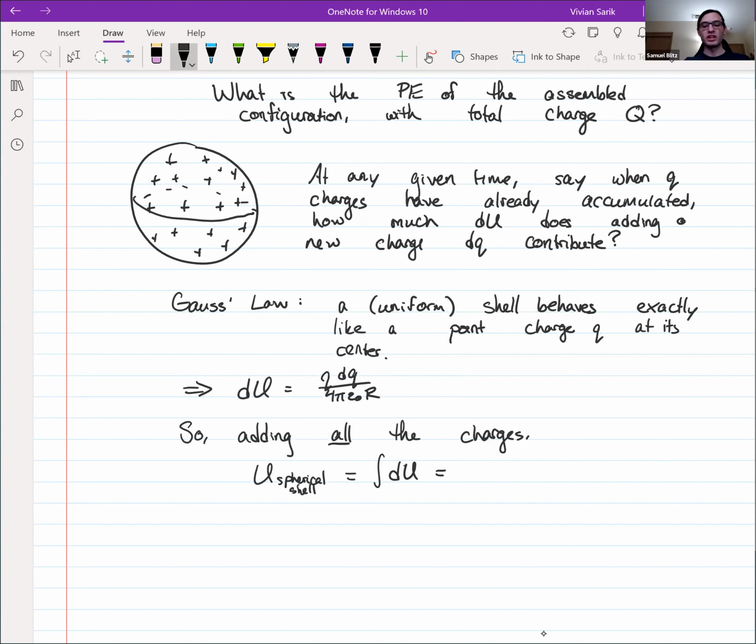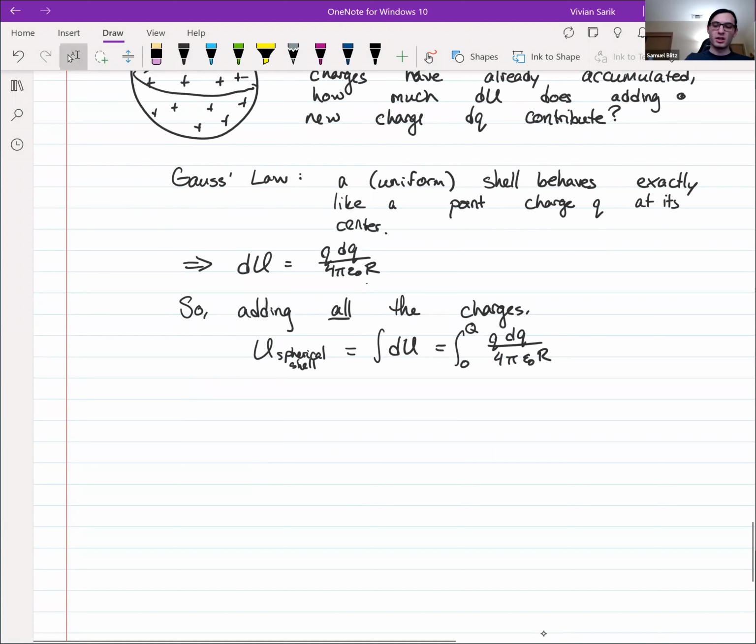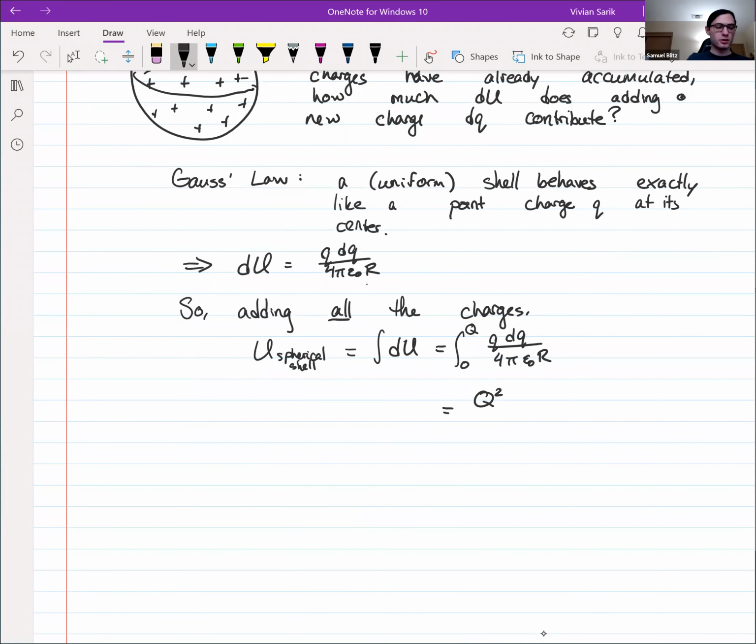Now, importantly, usually we don't integrate over q, but here we can, because q isn't constant, sorry. q is a variable, and dq increases with that variable. And this R in the denominator is a constant. So we can just explicitly do the integral from 0 to capital Q of q dq divided by 4 pi epsilon naught R. And so then it's just an integral with q as the variable. And this becomes Q squared over 8 pi epsilon naught R.